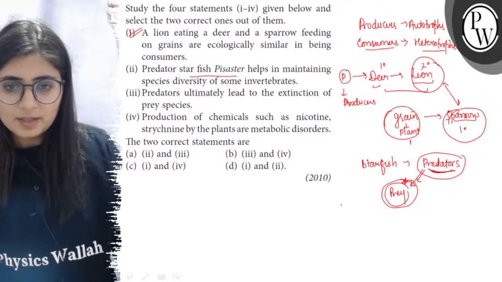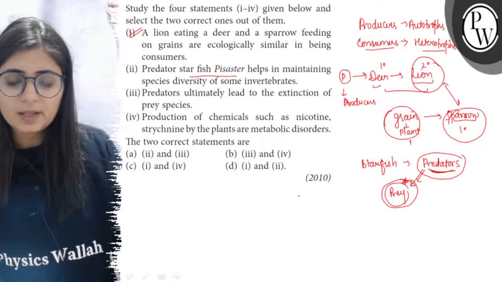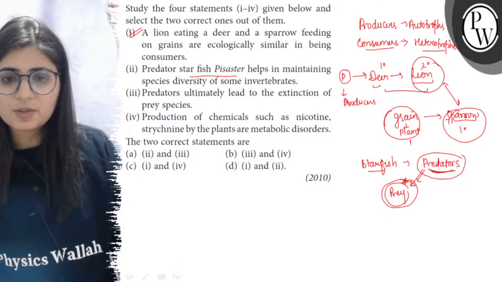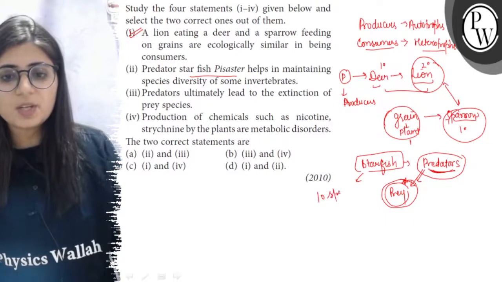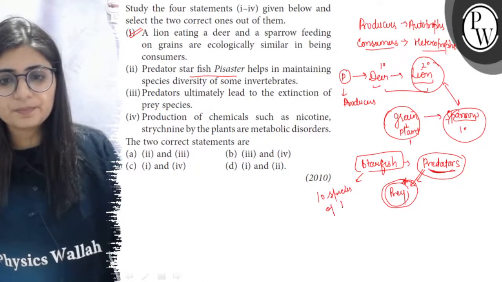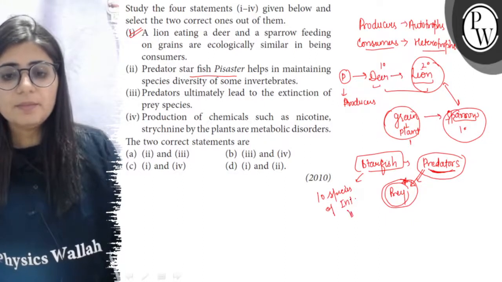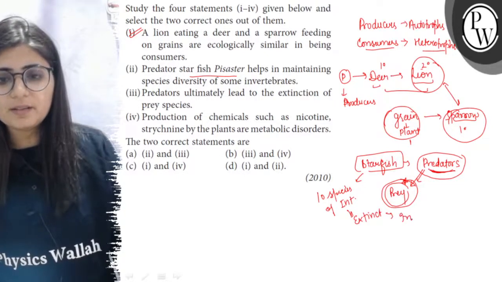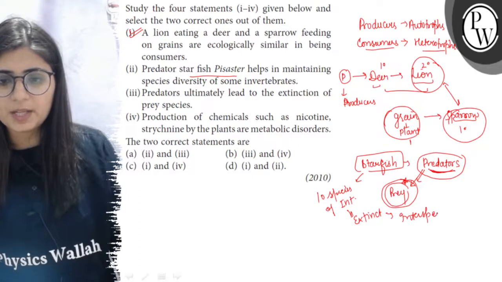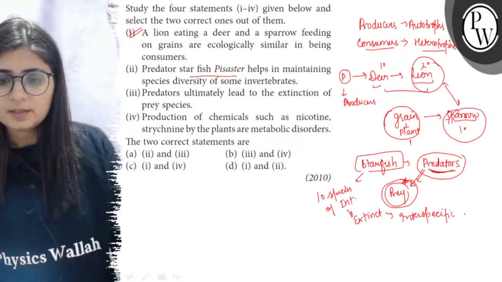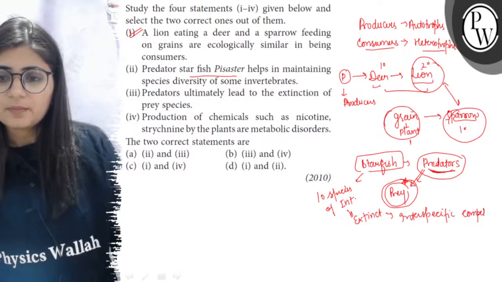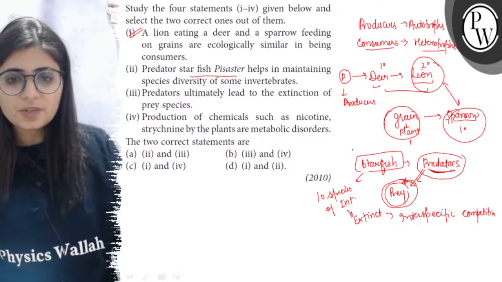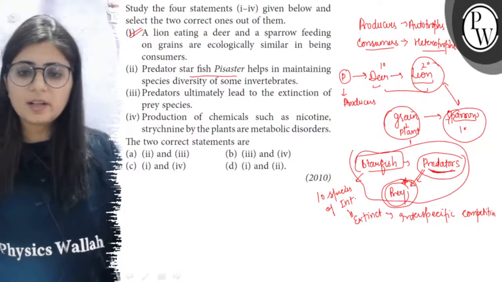So as was evident from a field experiment, when Pisaster or the starfish was removed, it was found that 10 species of invertebrates became extinct, and it was due to interspecific competition. When Pisaster was there, the prey population was under control.